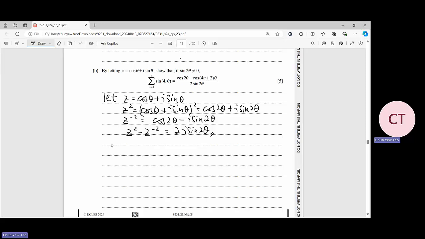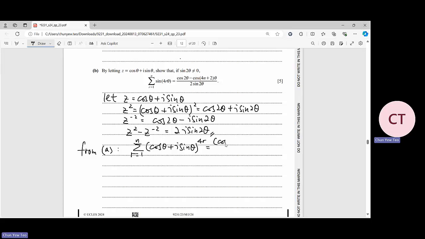So now the question is based on part A. From A, we already have the result of this. And now I change the z directly to become cos theta plus i sine theta.